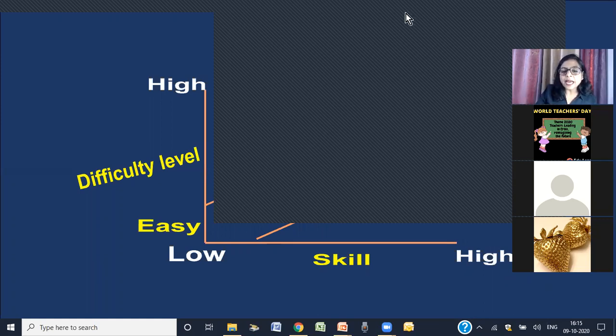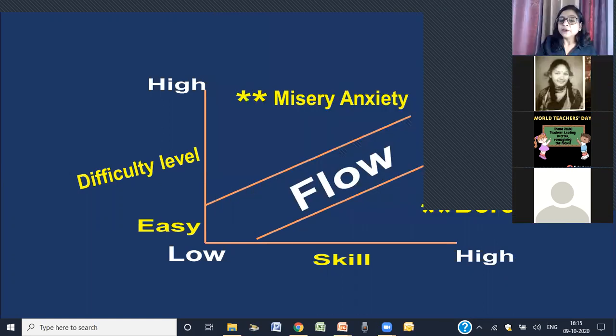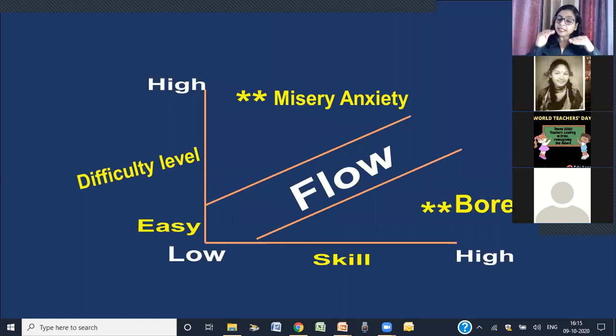So when will the class proceed in a flow? When inside our class, we are able to provide the children tasks which are just above their skill level. Now you would say that in a class, there are different students with different skill levels. How can we provide each of them a task which is just slightly above their skill level? Which means providing many or different kinds of tasks, and that is a little difficult to imagine, or practically we find that it is difficult to do, right?